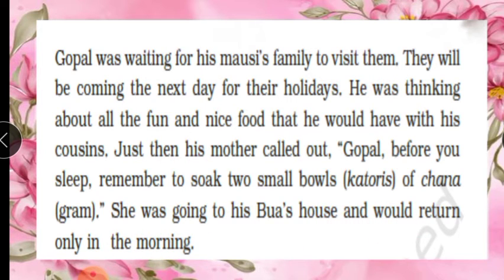So now kids, we are learning about a boy whose name is Gopal. He is very excited because his aunt is coming to visit. And also his mother has ordered him to soak 2 small bowls of chana.